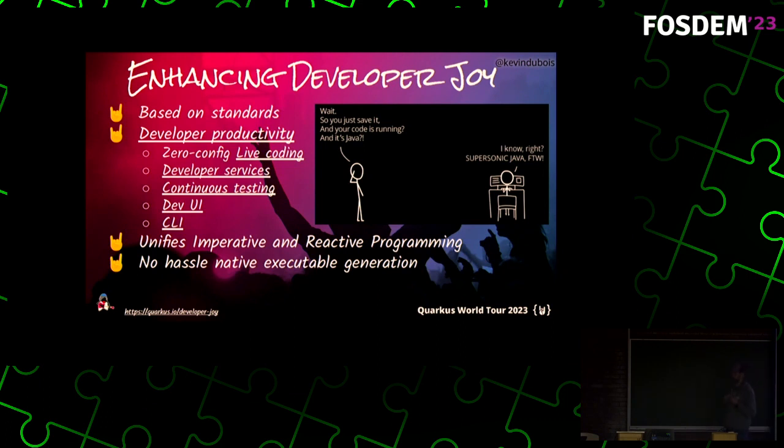Now, me, for example, I'm not a super deep expert in reactive programming, but what's nice with Quarkus is that I can write imperative code, right? So every statement gets handled one at a time, and it blocks every time. Whereas with reactive, you've got these event loops, but you can use both at the same time, even in the same code, in the same class.